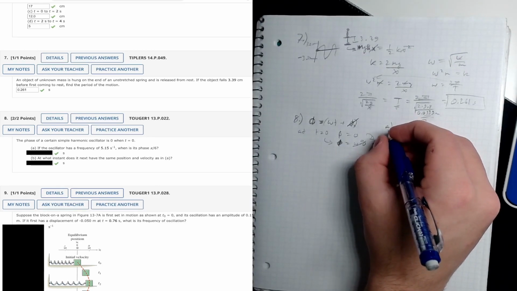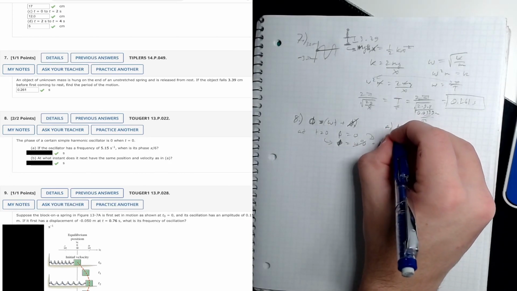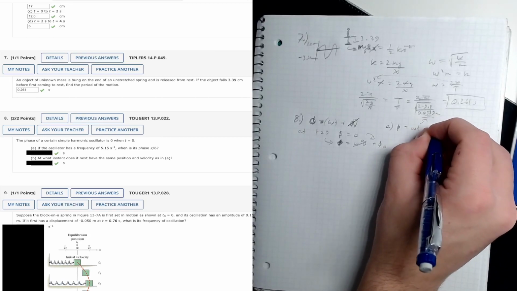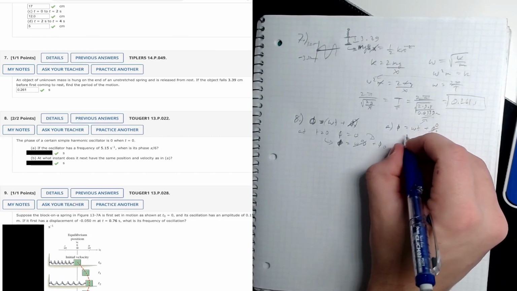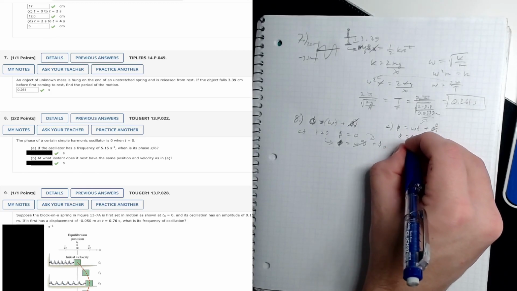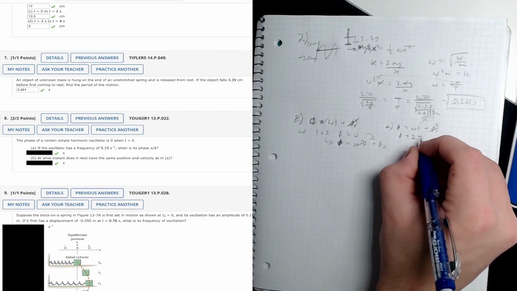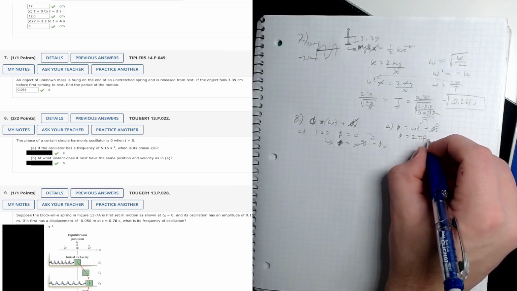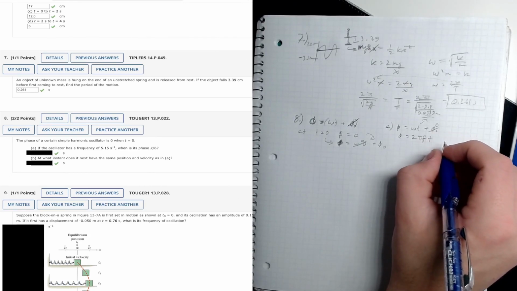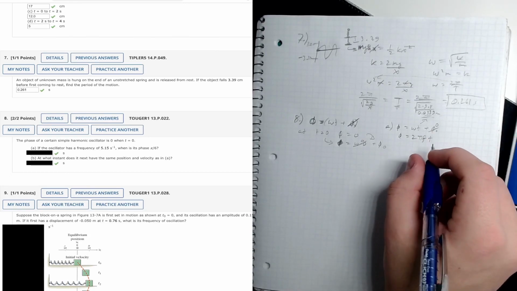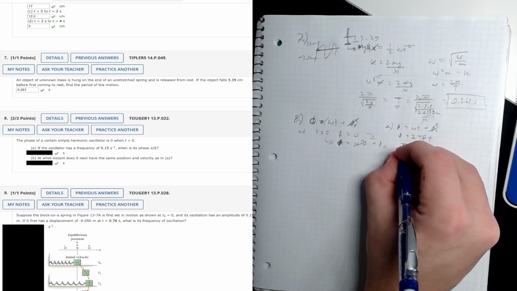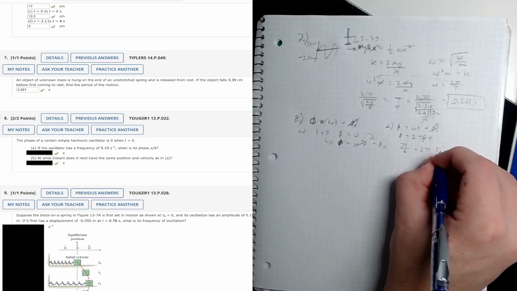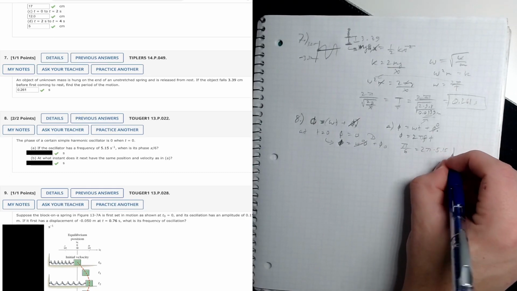A, the phase is going to equal Wt plus the phase constant, which is 0, so Wt. W is 2 pi f times time. We are given that the phase is pi over 6, equals 2 pi times 5.15, that's our frequency, times time.